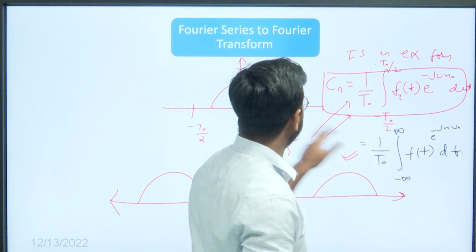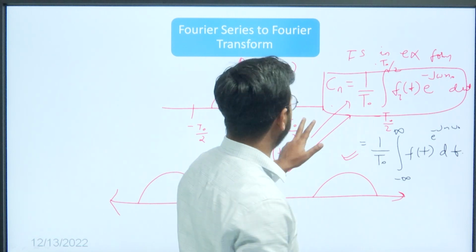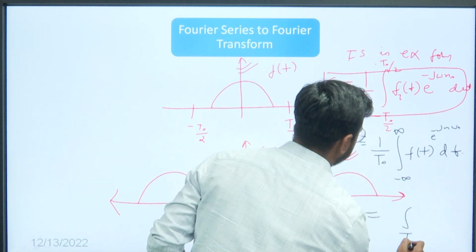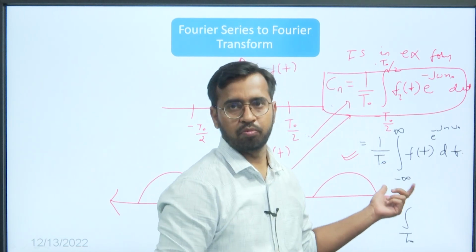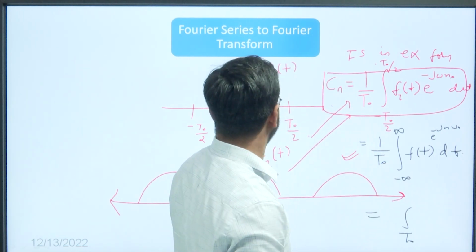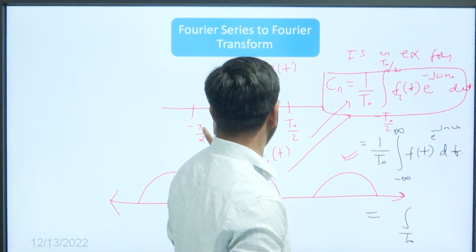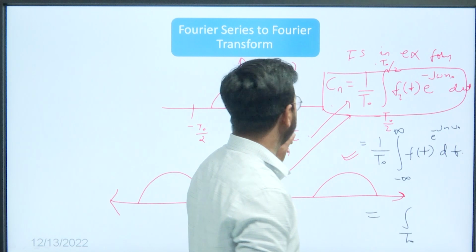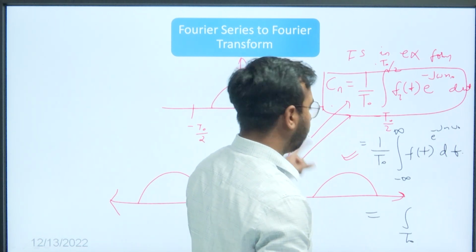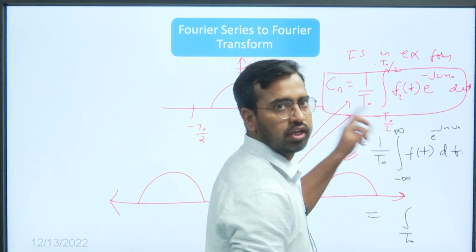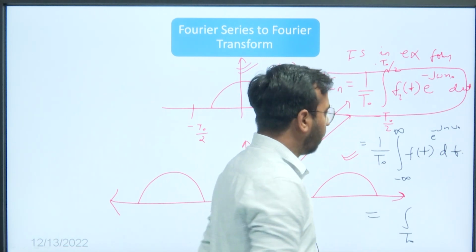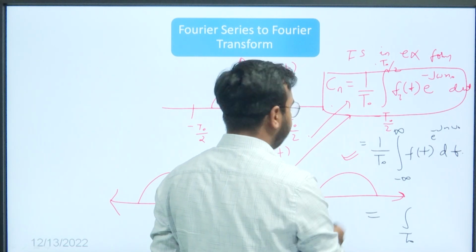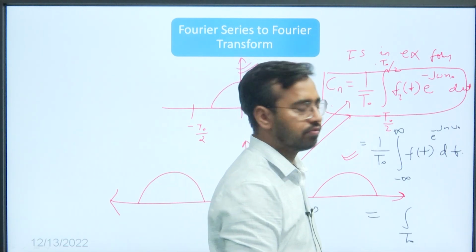If you integrate this signal from minus infinity to infinity, or for T naught duration, in both cases you will get the same output, because the signal exists only from minus T naught by 2 to T naught by 2. So if you integrate from minus T naught by 2 to T naught by 2, or from minus infinity to infinity, you will get the same output. Again, suppose now if you try to increase the frequency, what will happen?